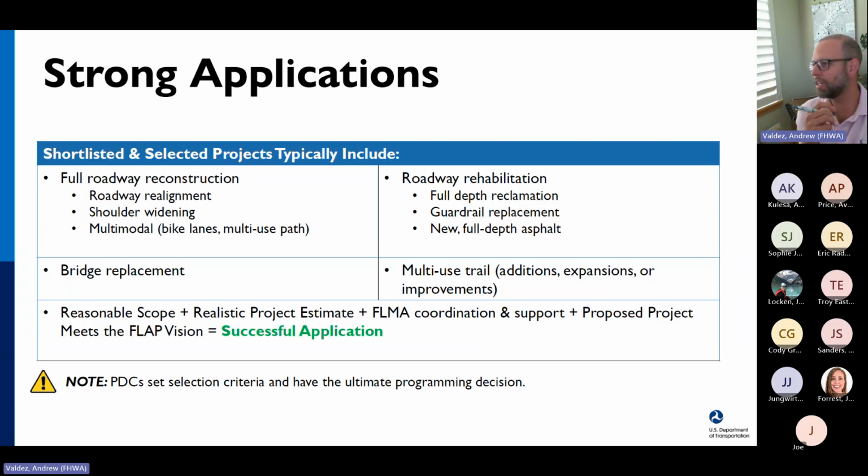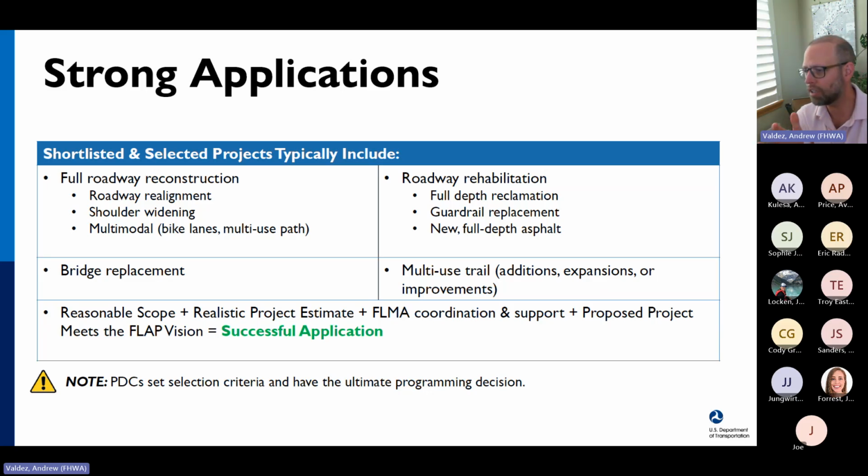And these are the elements that make up a strong application. We typically like to see things like full roadway reconstruction or rehabilitation, anything that expands modal access to a federal land unit, like a multi-use path or a bike lane, wholesale bridge replacement.